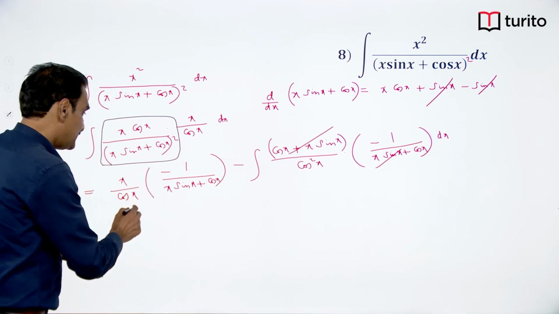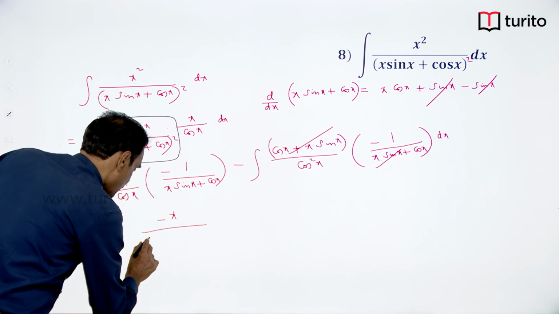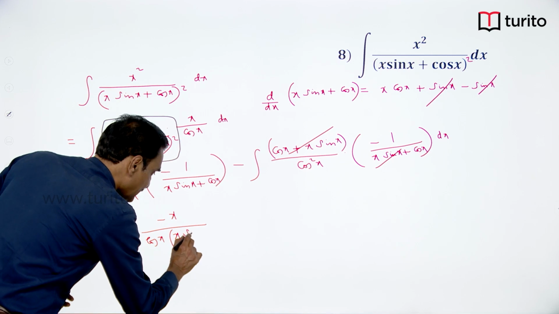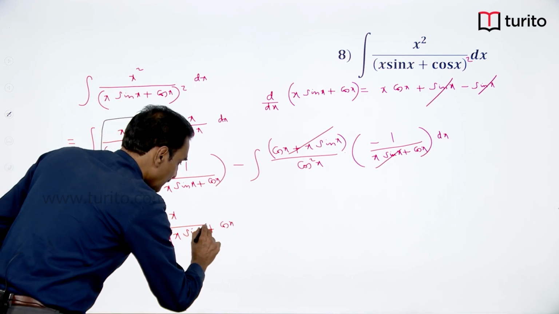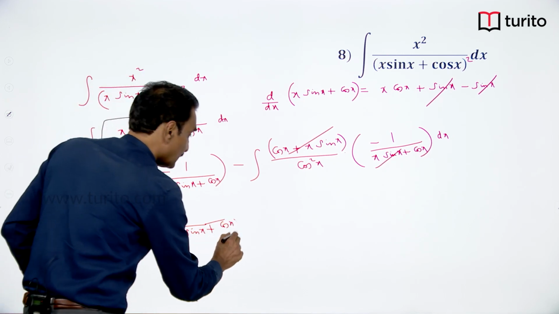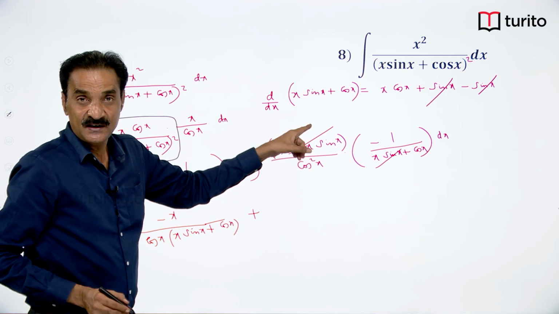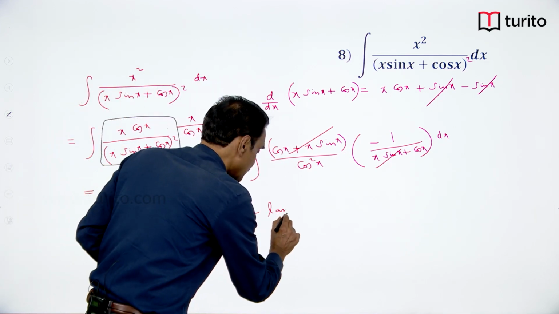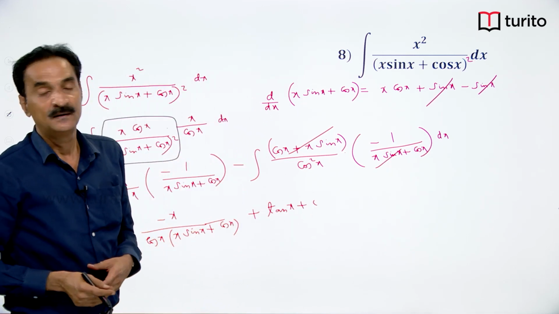So write this x into minus 1 minus x by cos x into x sin x plus cos x, this is plus minus into minus plus integral secant square x, that is tan x plus c, that is all. Okay.